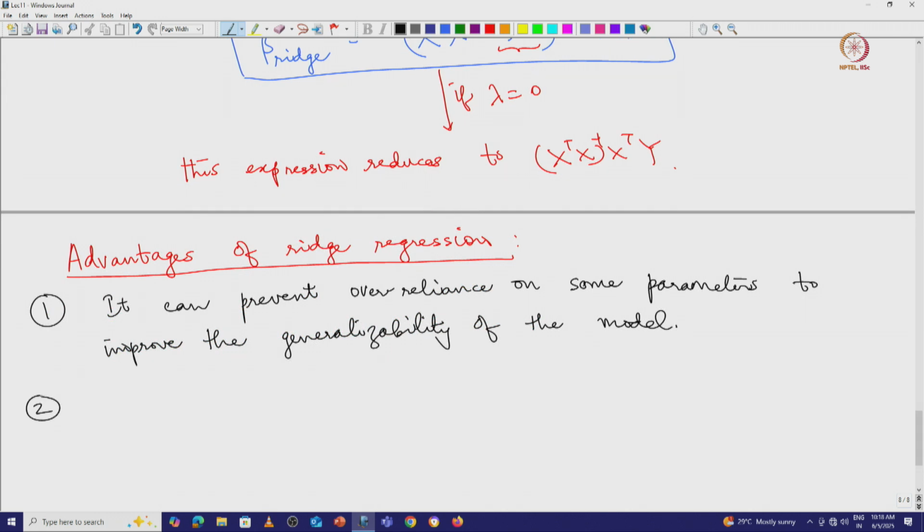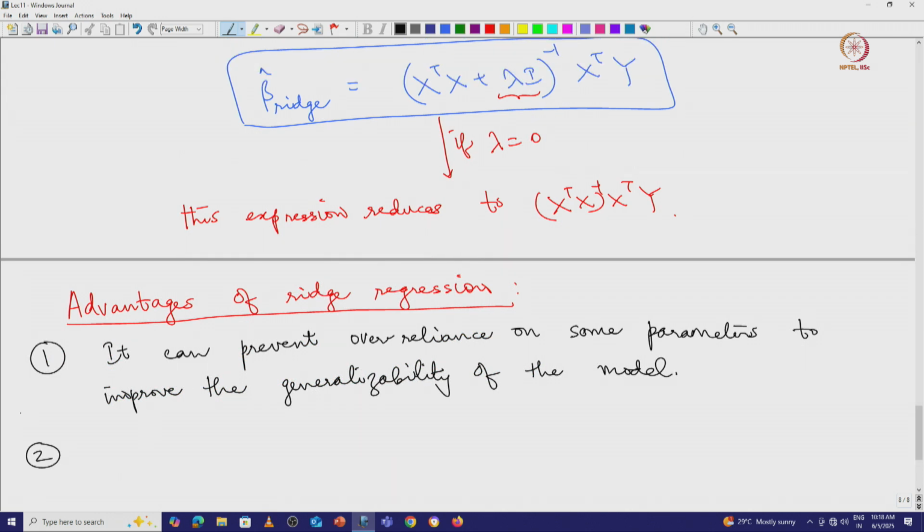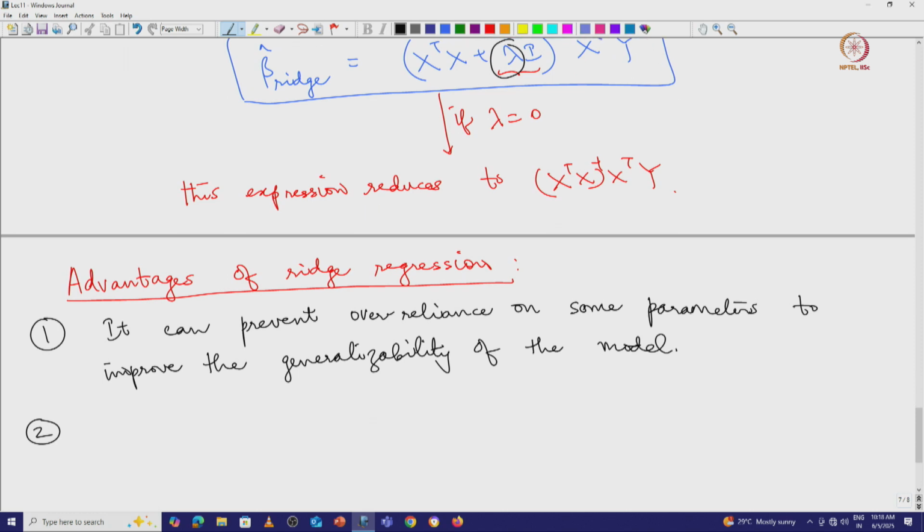The other thing which is nice about this is this lambda. Now, this becomes a hyperparameter, and if you remember, we had introduced the concept of a hyperparameter in one of the very initial lectures, where we said that it determines the model architecture.